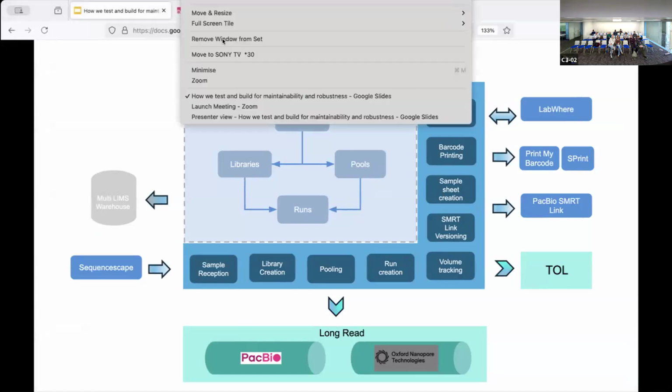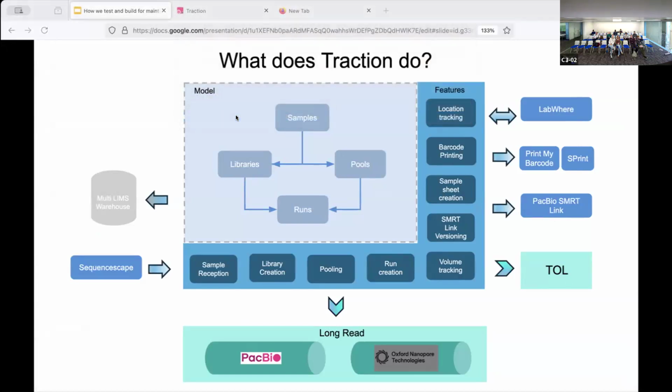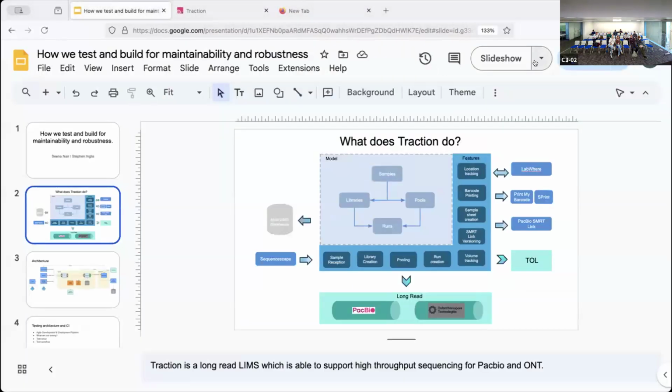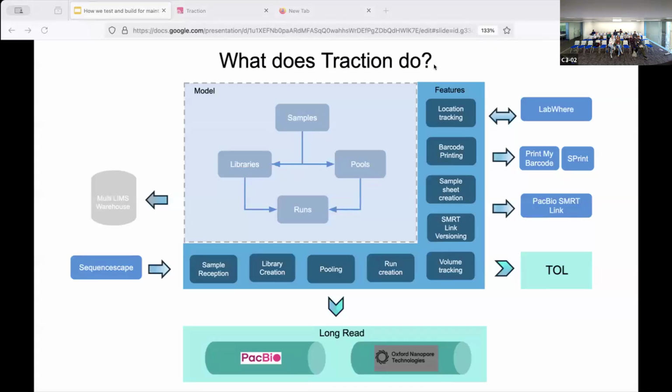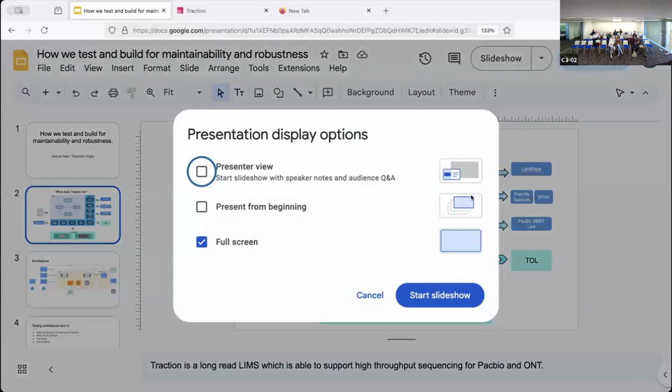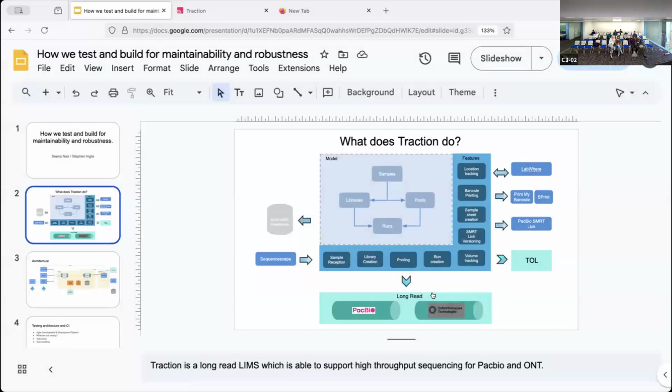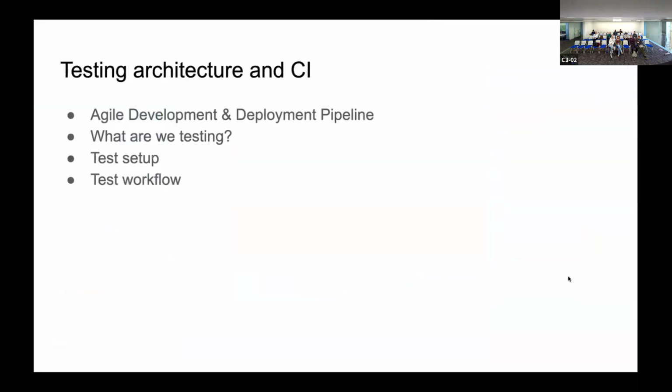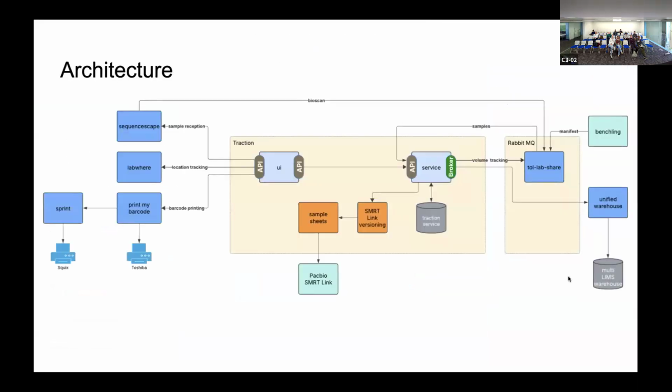If you go on that drop down again, there's something that said new. I thought some of the split thing on Google is presentation display options. Yeah, so I've got full screen on this, haven't I?